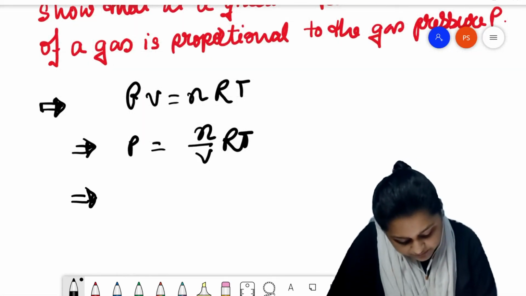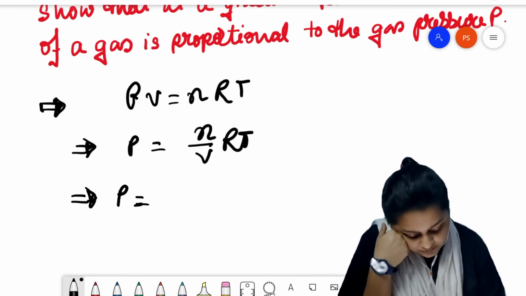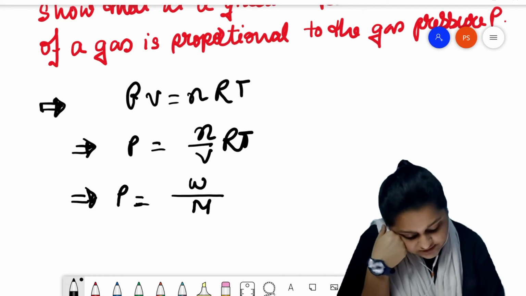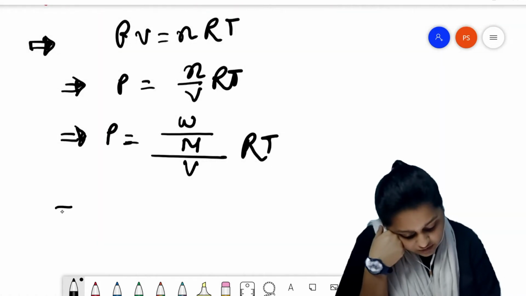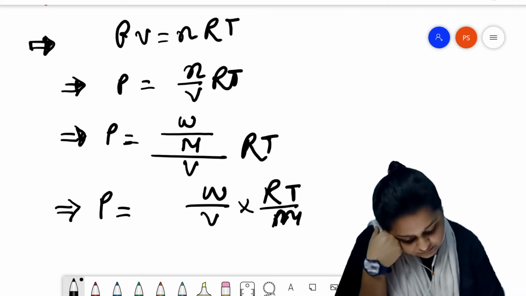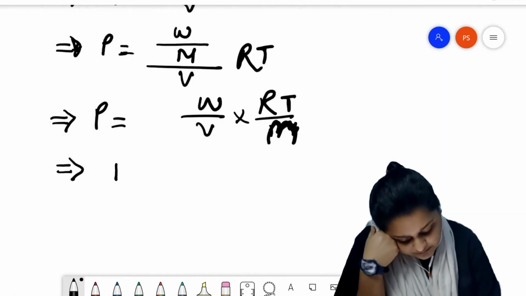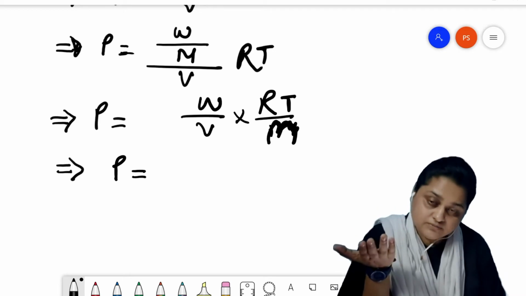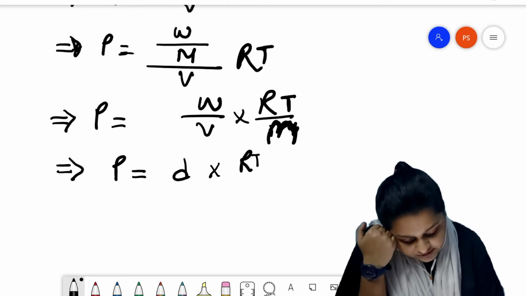In the next step, P equals mass by molecular mass by V into RT, or P equals W by V into RT by M, or P equals W by V, mass by volume, is density of the gas. So d into RT by M.